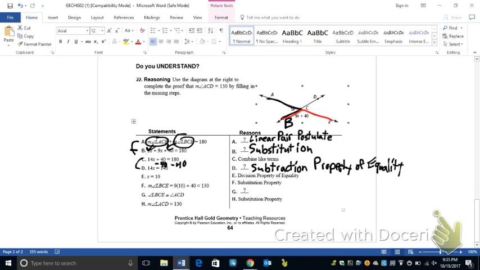So let's look back up at the diagram here and outline ACD. And we look at ACD and we look at BCE, we see that they are vertical angles. So we can say that that is true because of the vertical angles theorem, and you guys are done with chapter 2.